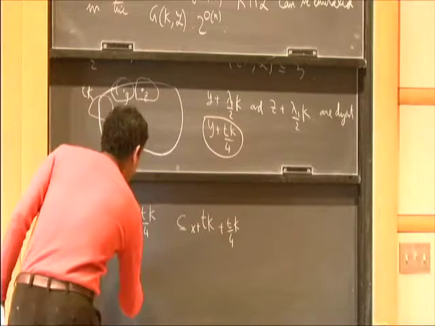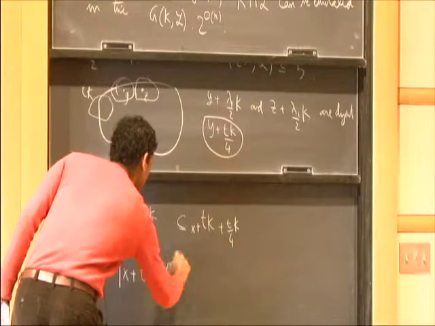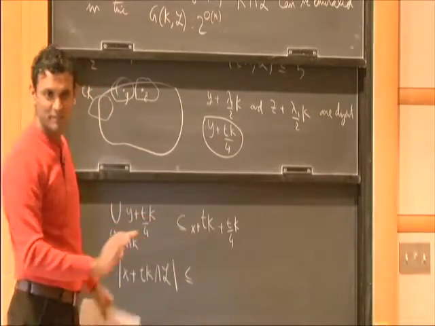Therefore the maximum number of lattice points is at most the total volume divided by the volume of each one, just a packing argument.